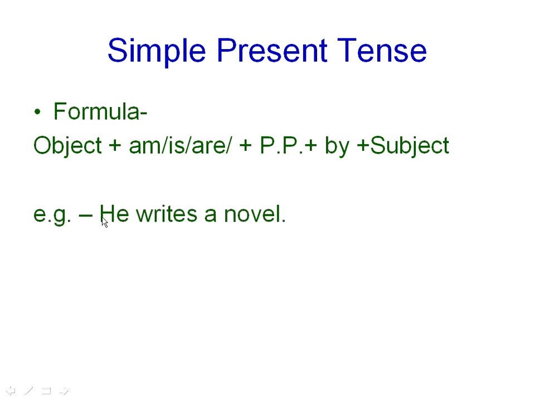For example, he writes a novel. And when we change the voice of this sentence, we use this formula and make it passive voice. The answer is here: a novel is written by him.